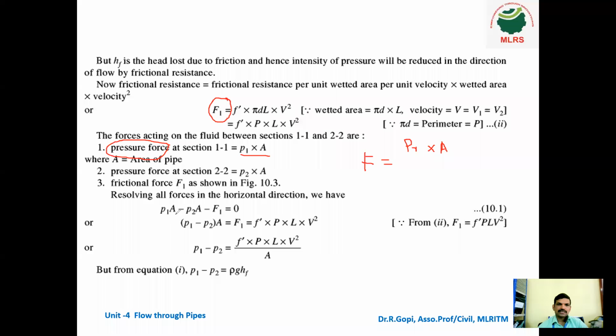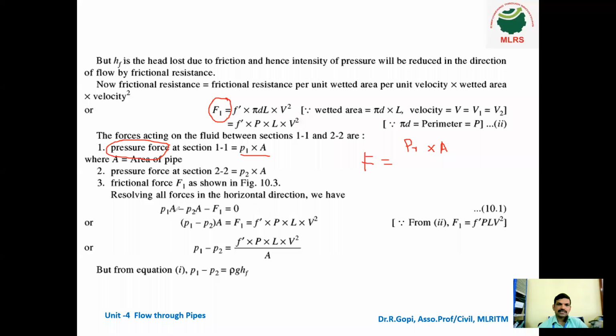P1A is positive, minus P2A, and F1 is acting in the opposite direction, so it is negative. For that only we are putting this negative symbol. So P1A minus P2A minus F1 is equal to 0.